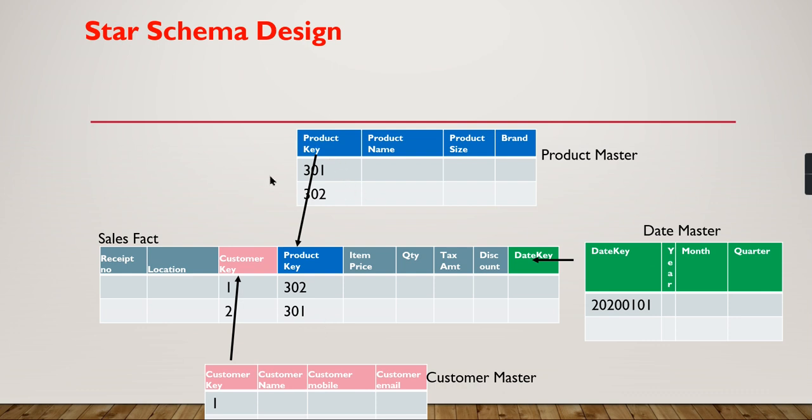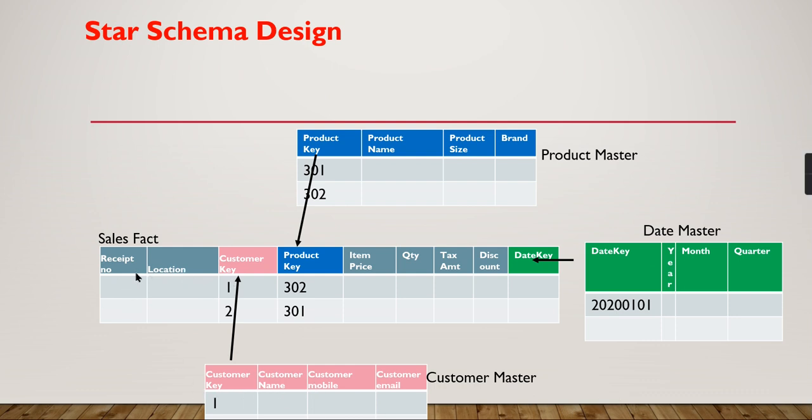Instead you will store this technical key, which is usually an integer value. This is for improving performance, because storing an integer value takes 4 bytes, whereas if you store a character value, it will take 8 bytes. So we will store it here. This is how you will build your star schema.